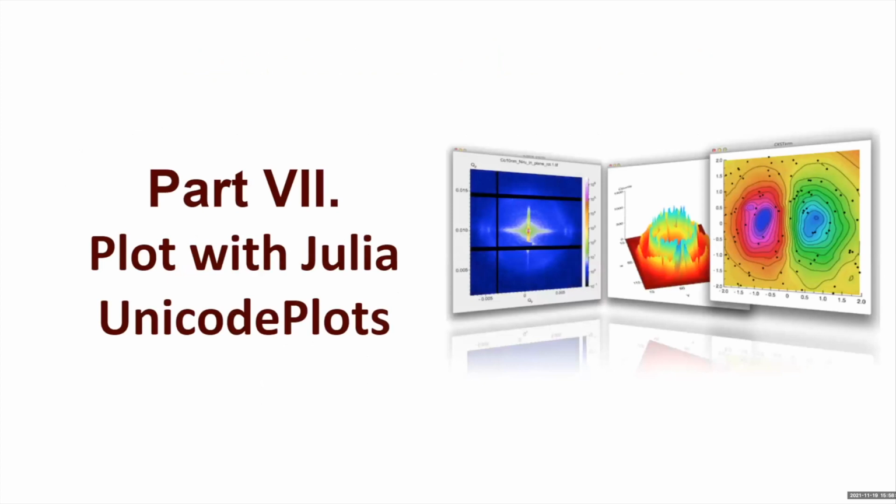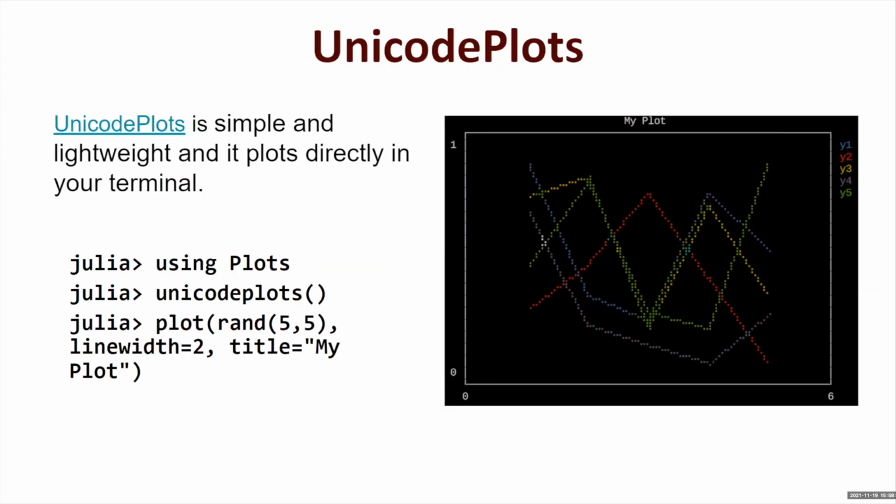So lastly, it's about plotting. Unfortunately, I don't think any of this plotting works on our portal terminal, but it's just so simple and so beautiful. If I'm using a Windows terminal or Mac or even a Linux terminal, you can remotely log in to our Grass login nodes and run your Julia, and you can plot ASCII plots like this.